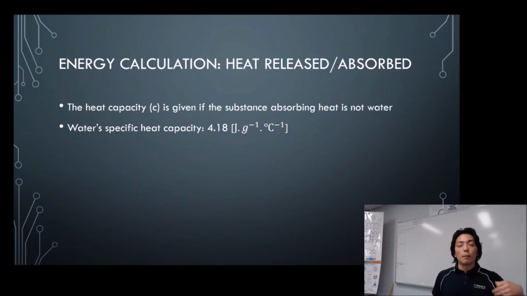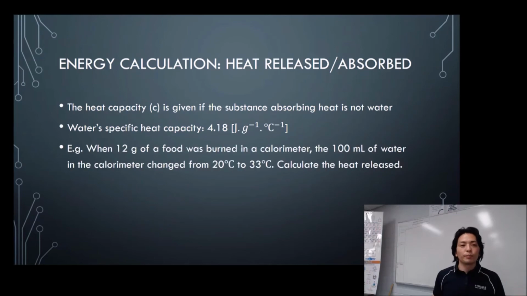If you are using metal as a reagent to absorb heat, i.e. to change the temperature of metal, it would require, hopefully you're thinking, less energy. Because for water, a lot more energy is required compared to metal. Metal is a good conductor of heat, so you would probably see, I don't know, 2 point something joules per gram per degree Celsius for a metal.